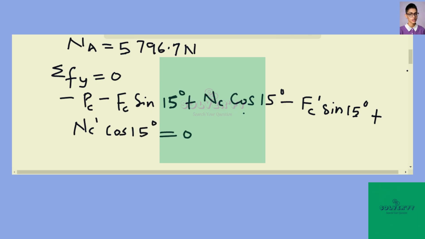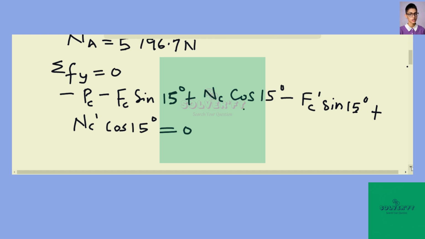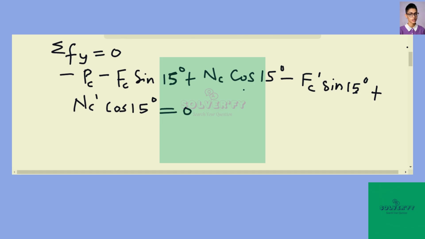Now the values you've gotten already, you can plug into this equation. Don't forget to convert F, the frictional force, by applying the coefficient of friction to it, so that it becomes mu times the normal reaction. When you solve this, NC prime is equal to NC.